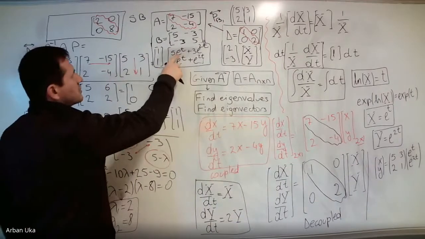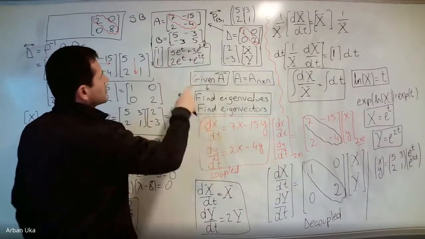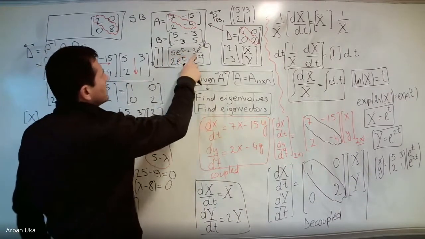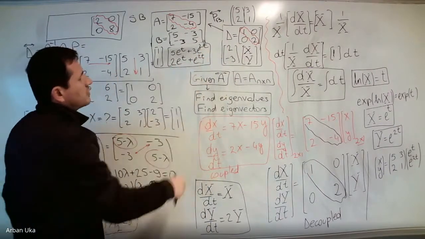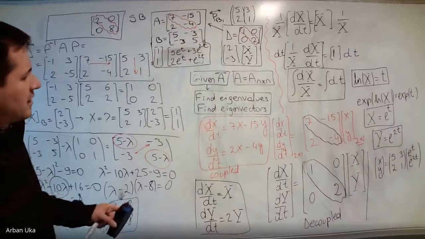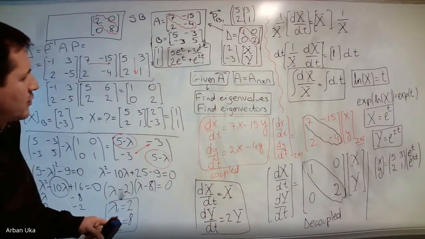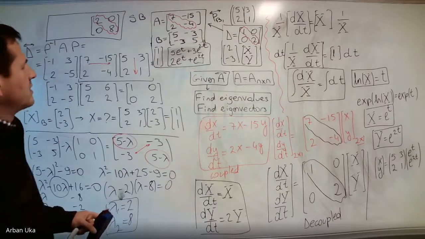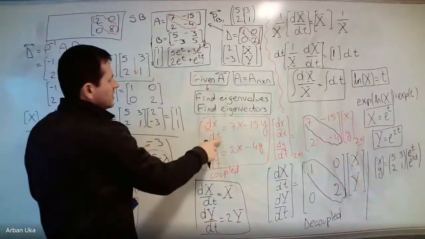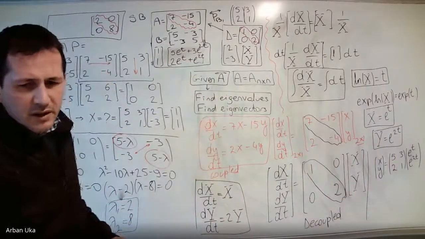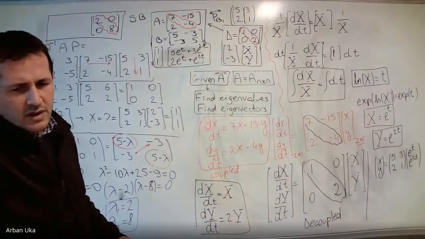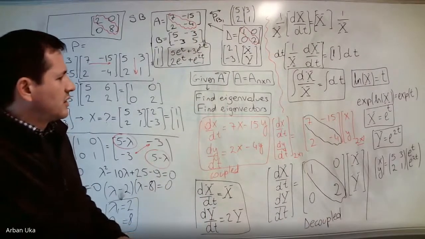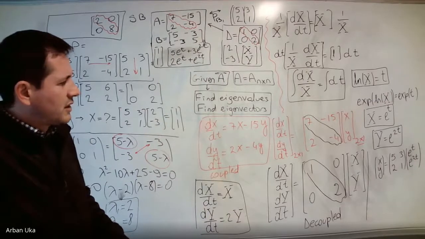Now, you write this down, and as your homework, substitute these values here and confirm that we have the correct answer. So this is your homework. Check this one and make sure that we solved this one correctly.